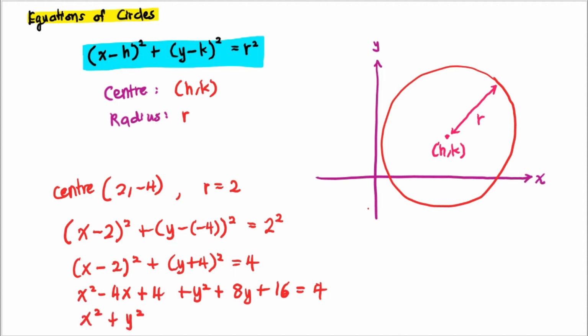So we have x squared plus y squared minus 4x plus 8y, and 16 plus 4, which is plus 16, wait, that is 20, equal to 0. So this is the general form of the equation for the circle.